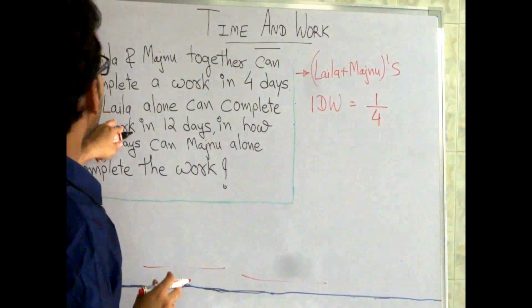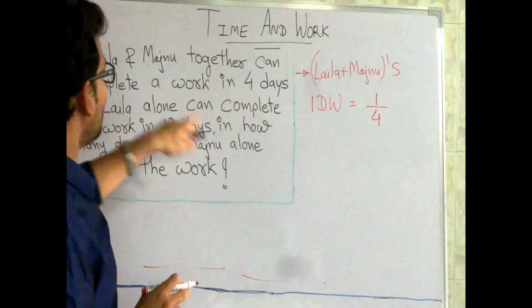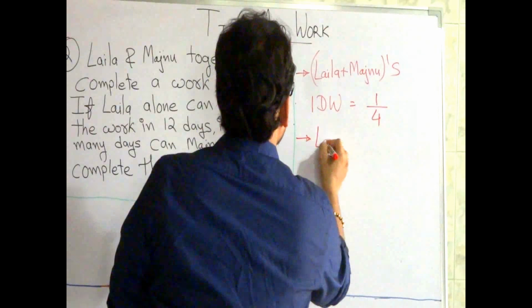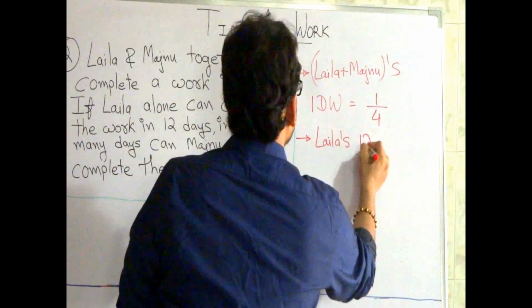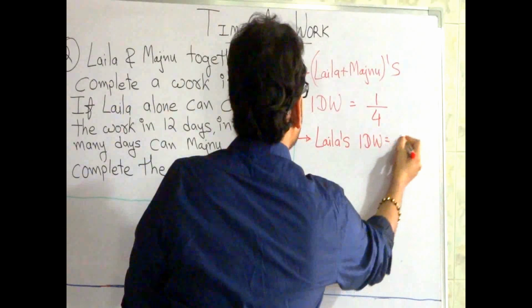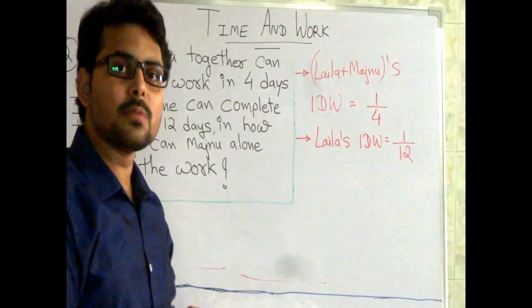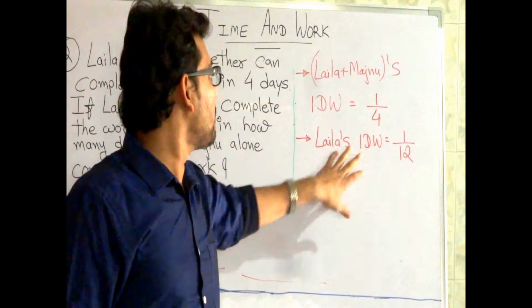Now we will read forward. If Laila alone can complete the work in 12 days, Laila's 1 day work, 12 days means 1 by 12, because time and work are inversely proportional to each other. So Laila's 1 day work is 1 by 12.